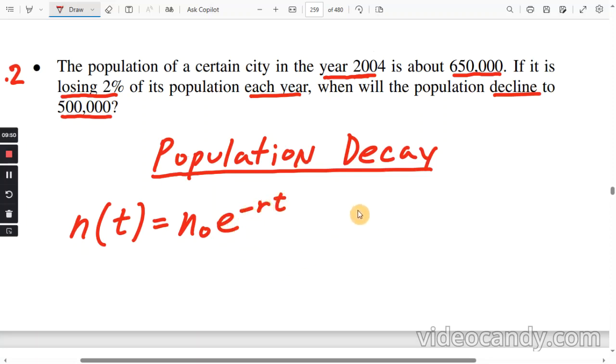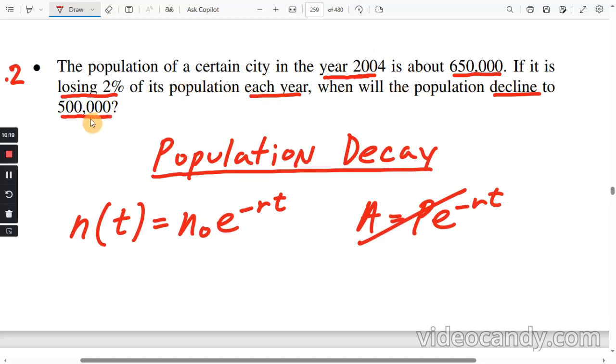Again, same formula if you want to use A equals Pert, but with a negative RT. That's the same thing. It's just that we usually use this one for investments or banking and this one for population, but it's the same formula. Really, this is the same formula as population growth. It's just the exponent is negative.